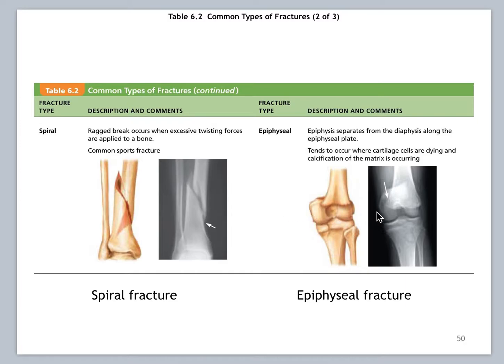There's a physeal fracture, which is a fracture through the physeal plate. Now this becomes a problem because this can interfere with growth. Remember, up until the age of puberty, the physeal plates are there to allow for the bone to grow. If the physeal plate is injured through a fracture, it can disrupt the normal growth process and can result in abnormalities of growth of the bone.